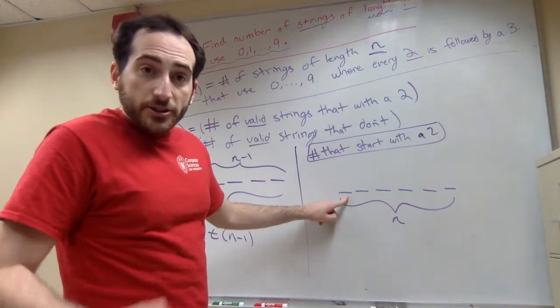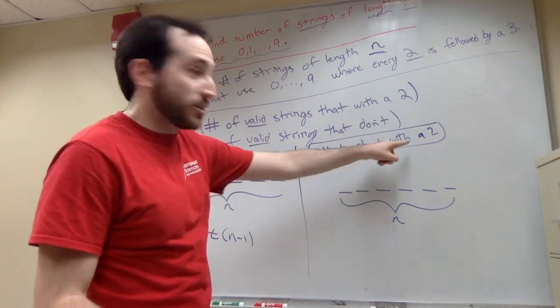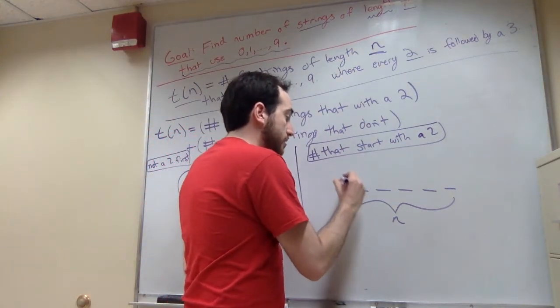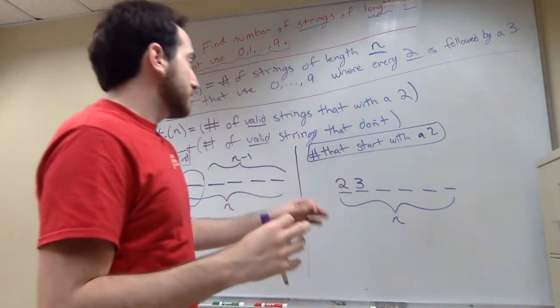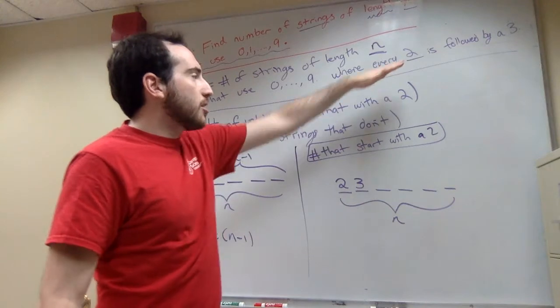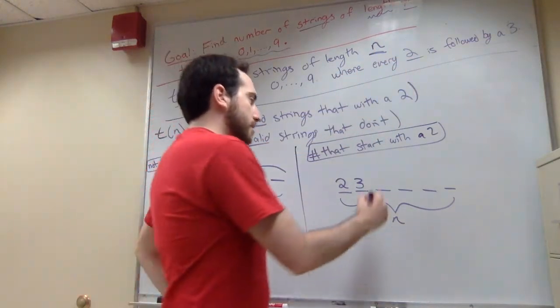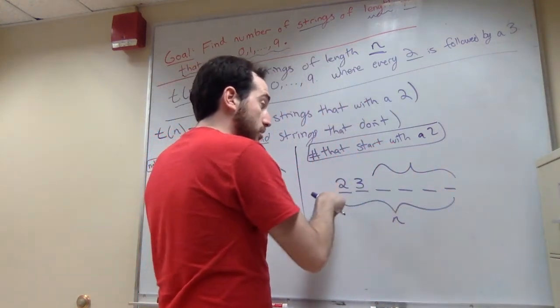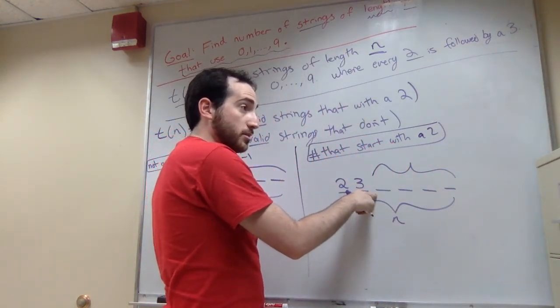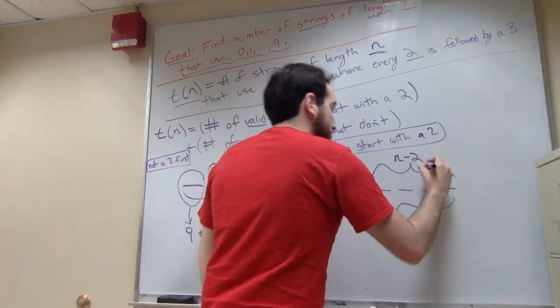What is the first digit? 2, because it starts with a 2. And then the second digit has to be a 3, because we're only counting the valid strings. All the valid ones have to follow this rule that it's 2 and then a 3. And then how many spots do we have left? Well, we had n total, and then we got rid of 2 of them, so it's n minus 2.